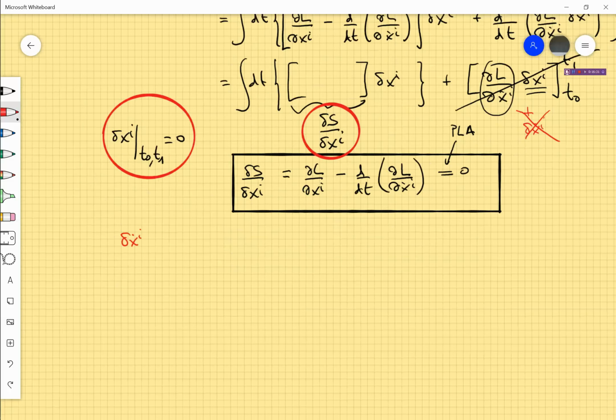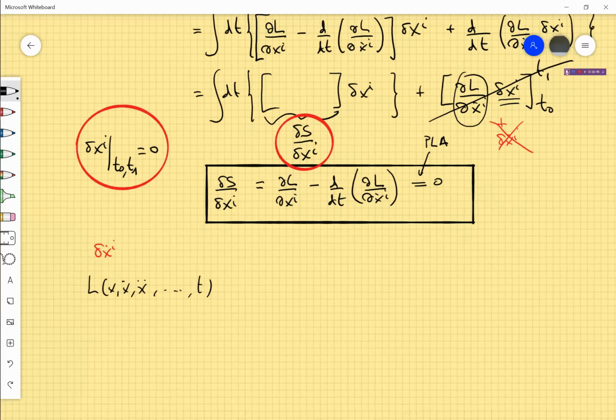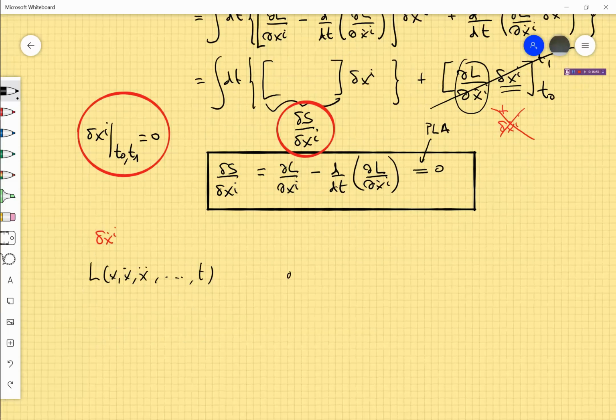Another comment is that we could have considered Lagrangians that depend on higher derivatives of the variables. In fact, if you do this, you will have at some point partial derivatives of, for instance, x double dot I and delta x double dot I. Since deltas and total derivatives with respect to time commute, you find this.